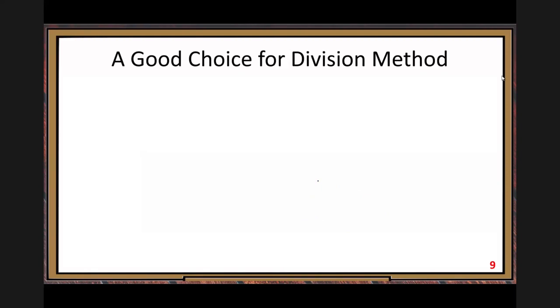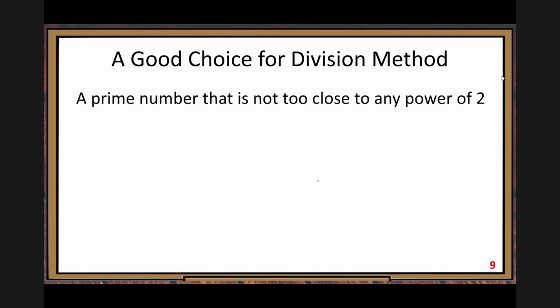So a good choice for the division method, based on those two examples, if we have freedom to choose our hash function, we want to avoid those simple things: a prime number that is not too close to any power of 2. If close to a power of 2, still not very good.